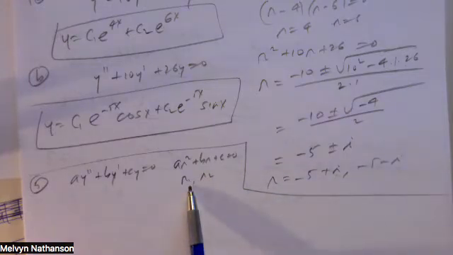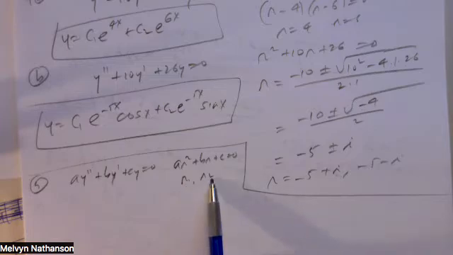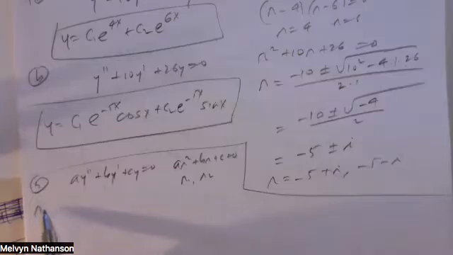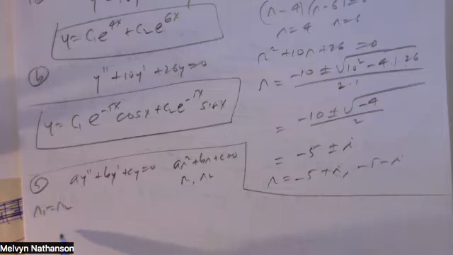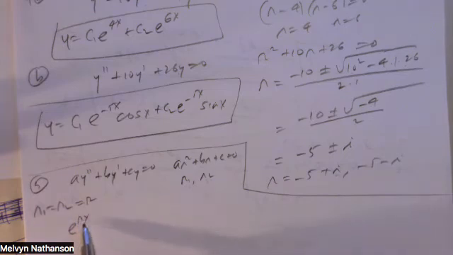They can be two distinct real roots, you can have a double root, two equal real roots, or a pair of complex conjugate roots. So if you have a repeated root, if r1 equals r2, let's call this r, the solution is e to the rx, and x e to the rx.